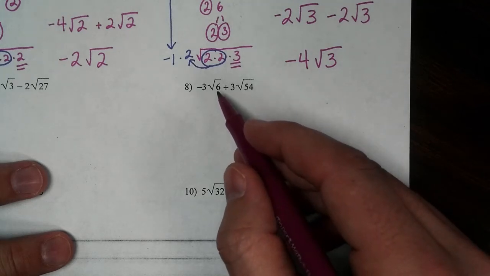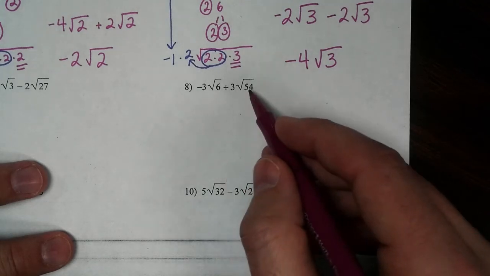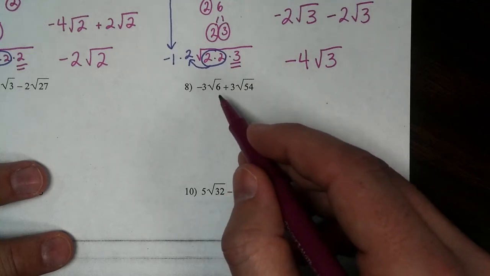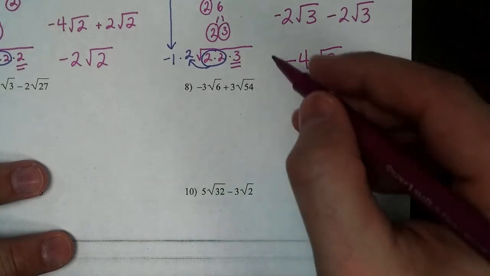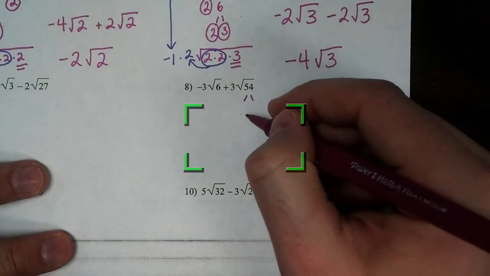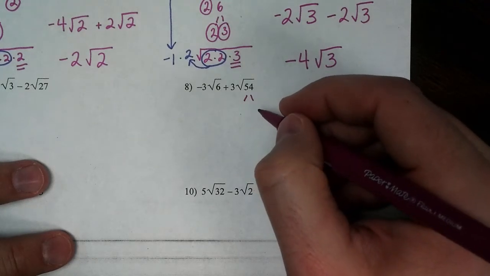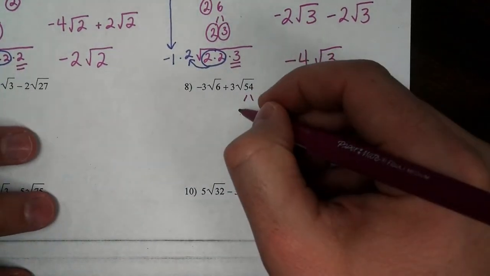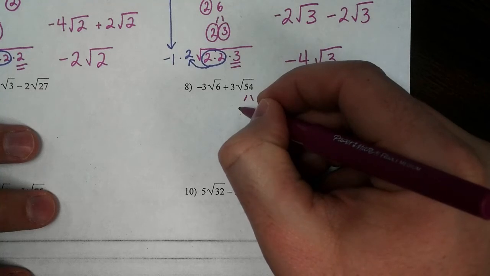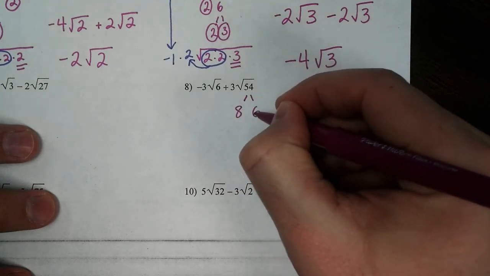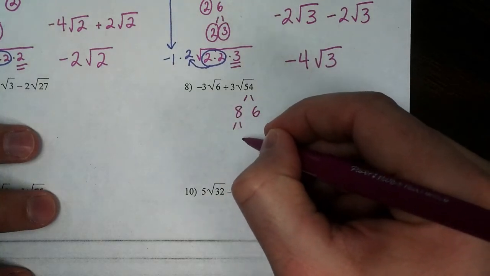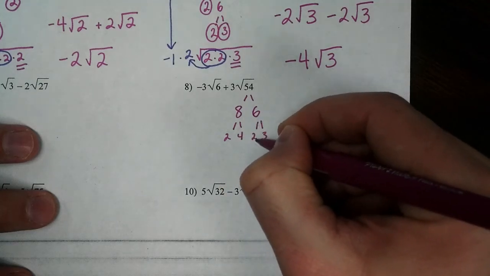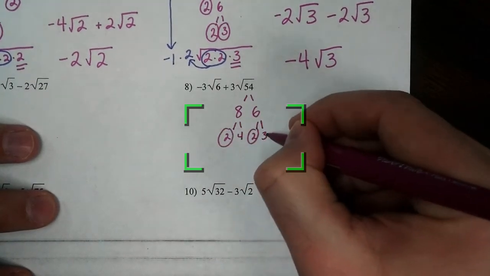So 6 and 54, notice they are not the same. 6 breaks down to 2 times 3, but there's no pairs, so 6 actually doesn't break down, but 54 does. 54, that is what, 9 times 6, and then we have here 2 and 3, and 3 and 3. 2 is prime, 3 is prime.